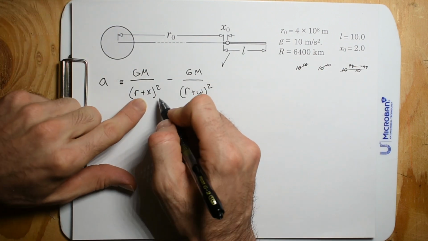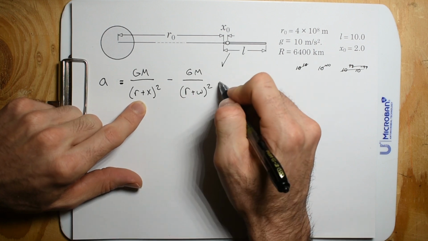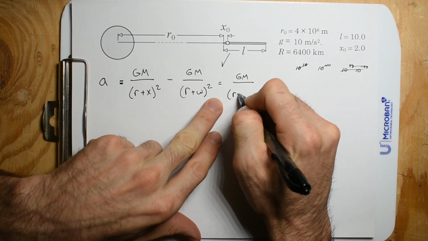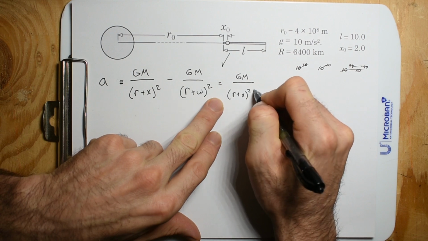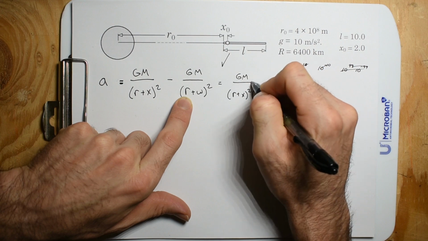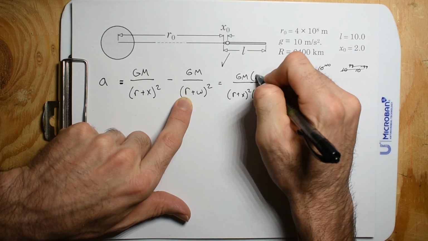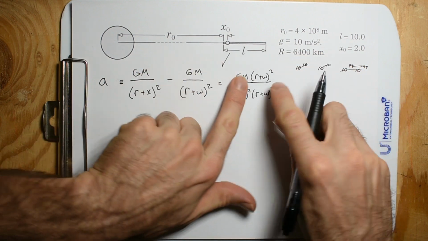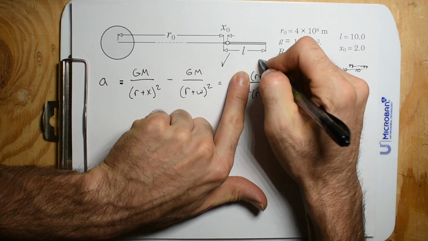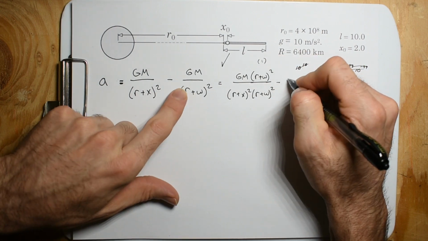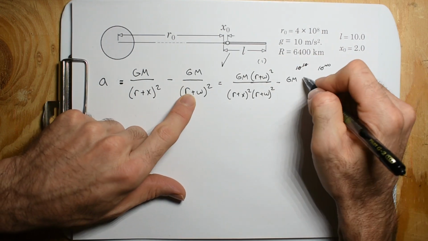So to do that, I'm just going to multiply, well, I guess I'll write this out again. So we have GM over (r plus x) squared, and we've got to multiply by this side, (r plus w) squared. Sweet. And now we have to put in (r plus w) squared upstairs, because this equals 1. You know what I mean? And so we didn't change anything. Now on this other side, we'll have GM.